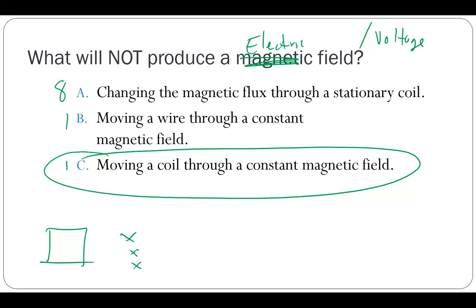We had the loop moving into it. And when it was moving in, there was an induced EMF. But when it was in, you had the electric fields pushing against each other. I should be clear, maybe I can give you justification for your answer.